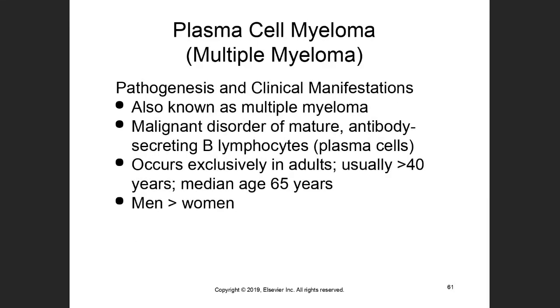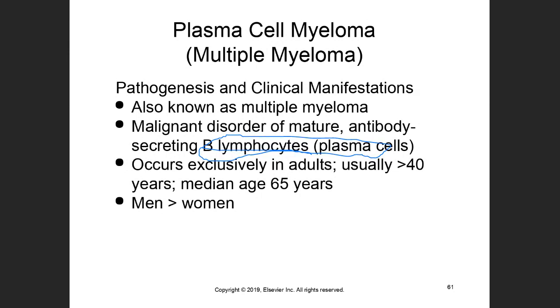Plasma cell myeloma, that is multiple myeloma. This is a malignancy of the B lymphocyte plasma cell. Okay, B lymphocytes. This is special for this, and the median age is this.